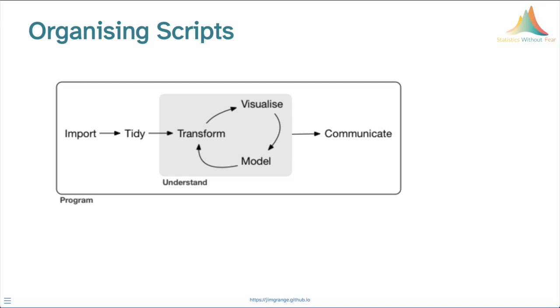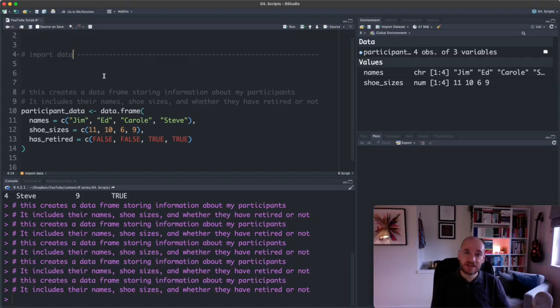Then you'd be visualizing your data, creating some type of chart or plot of your data to get an overview of the trends and the characteristics of your data before finally modeling your data or conducting the statistical analysis. We can use these section headers to split your script into those important different sections of the data analysis workflow.